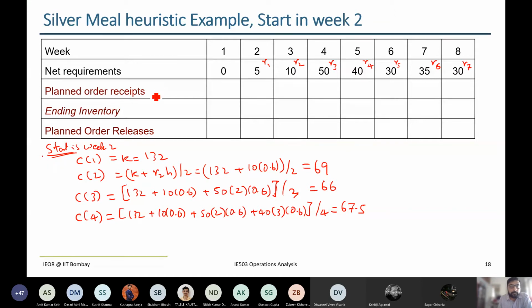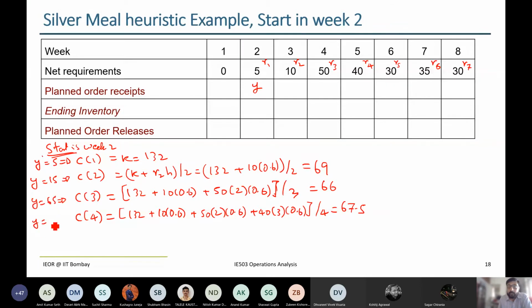Let us just call the production quantity y. Suppose in the first case y is 5, hence the cost will be only this much. The second case y is 15, because I'm producing for both period 2 and period 3. The third case y will be 65.